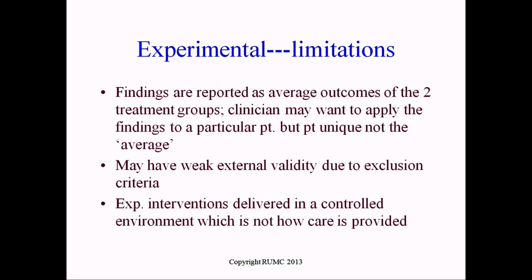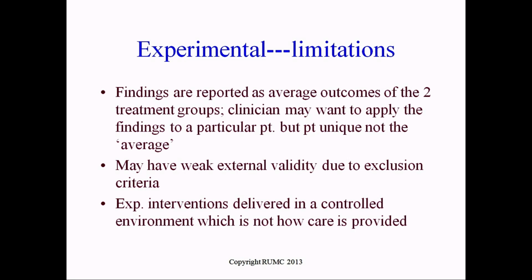Okay, although experimental designs are strong, and randomized controlled trials especially are considered the gold standard, there are some limitations. Because of that very strict inclusion and exclusion criteria, you may not be able to generalize to the general public.